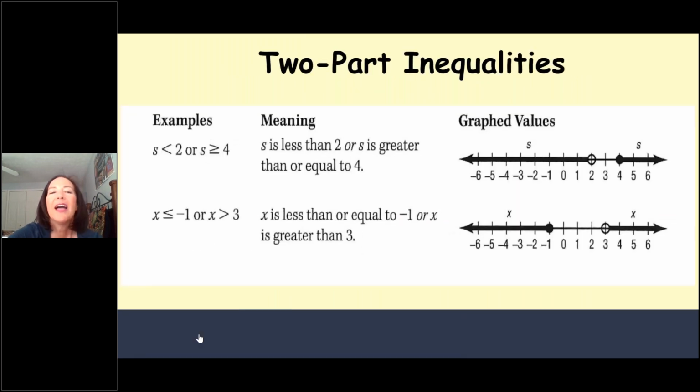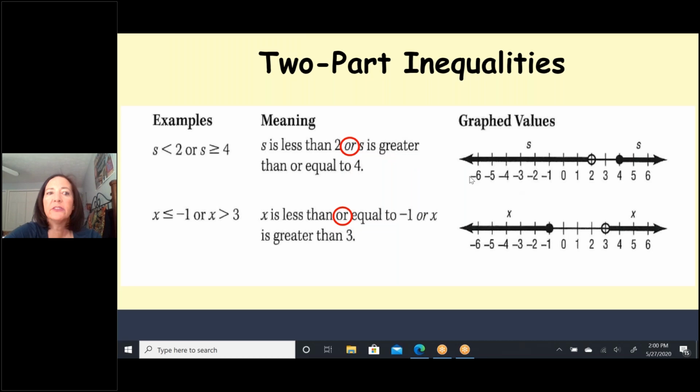Here we go. They're called OR problems, and it's a two-part inequality, but they have the word OR. Now look at my graph on the right side. You've got two different numbers marked with either open or closed dots, but the arrows are not connecting in between the two numbers.